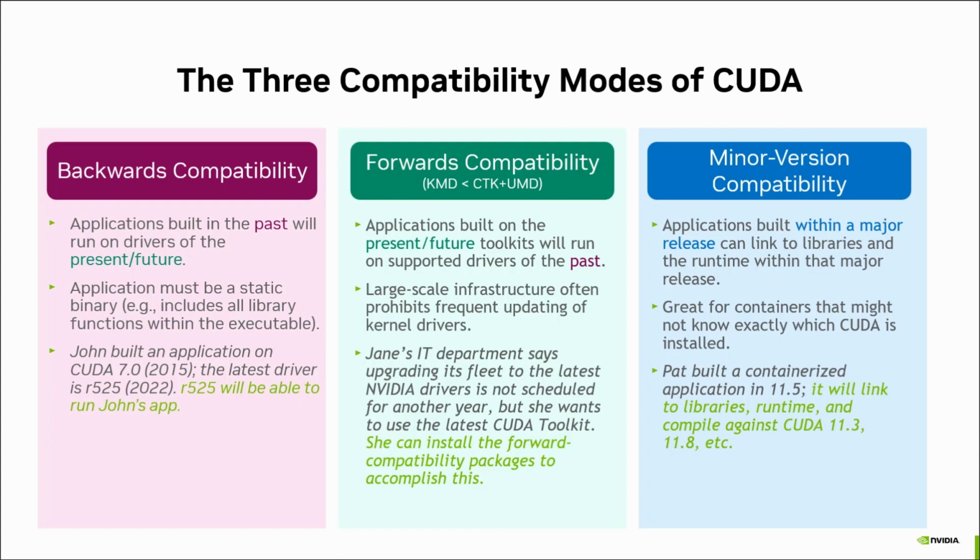Minor version compatibility, of course, with the 12.0 series allows your applications that have been compiled to link into the libcuda.so without needing to have an awareness as to whether or not it is on 12.2 code running on a 12.0 driver or 12.0 code running on a 12.2 driver. We do have some best practices and some restrictions that are documented online on our compatibility web pages, as well as on that YouTube video I mentioned before.